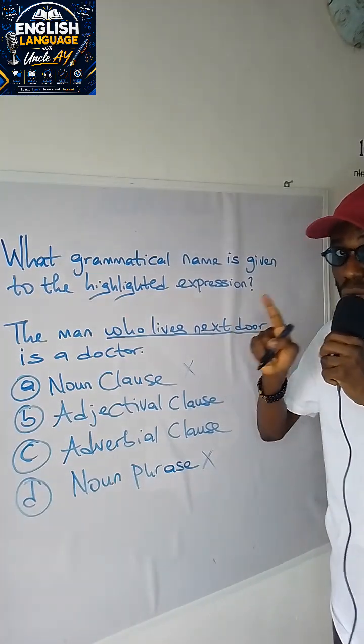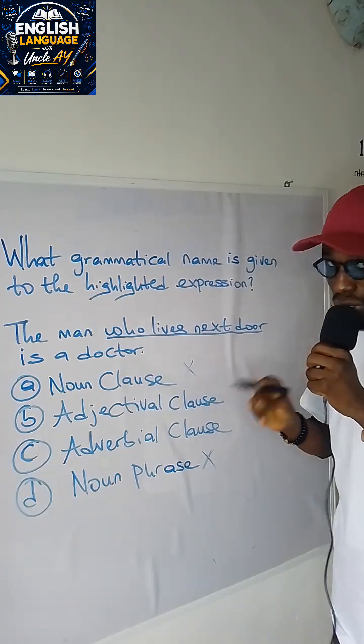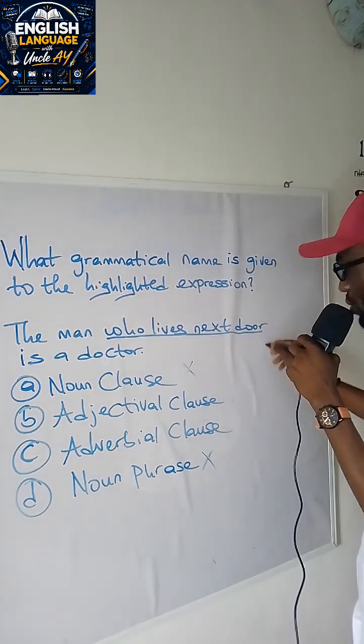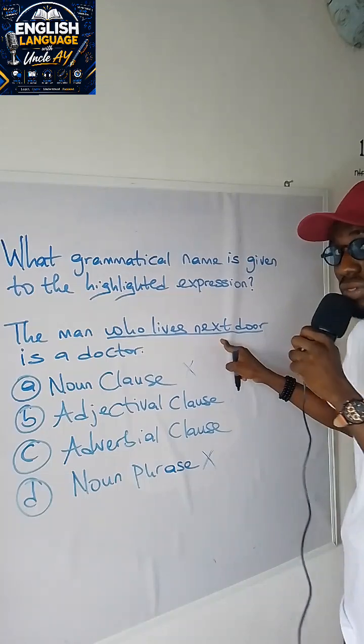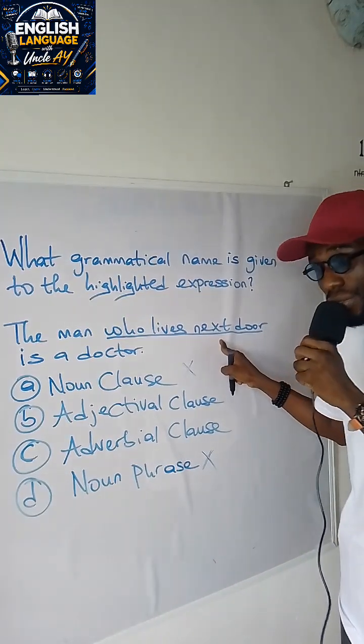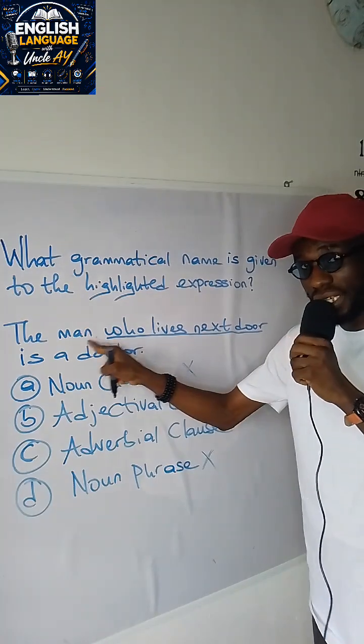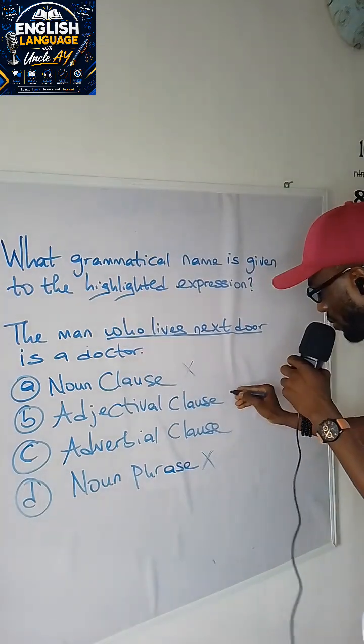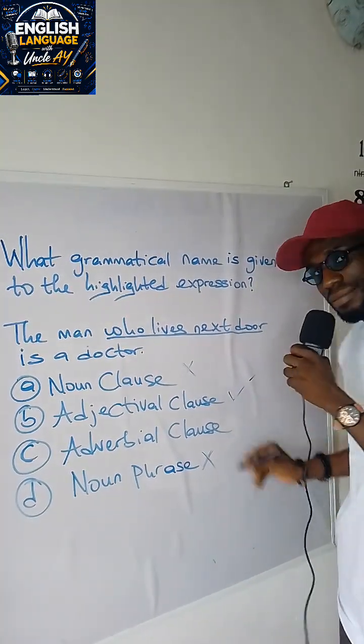But then it also qualifies a noun or a pronoun in the expression. So let's find out who lives next door. Of course, this has to be our adjectival clause because at the end of the day, it qualifies the noun phrase, the man. So this is our answer here.